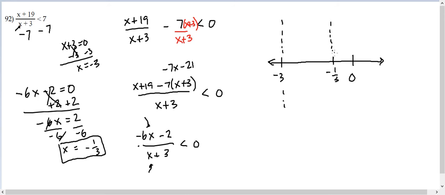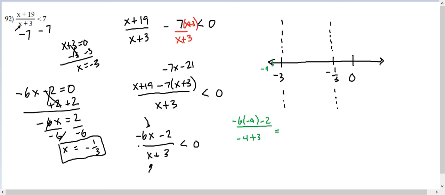And so we're concerned with what happens less than negative 3, between negative 3 and negative 1/3, and greater than negative 1/3. So let's try a number like negative 4, which represents a number over here. When we try negative 4, we get (-6 times -4 minus 2) over (-4 plus 3).